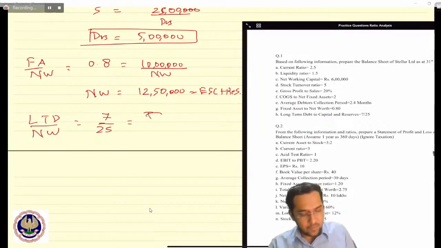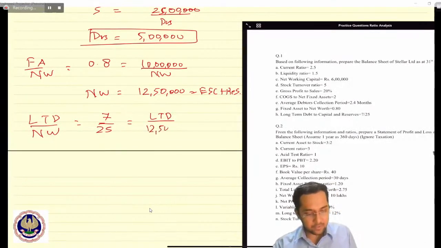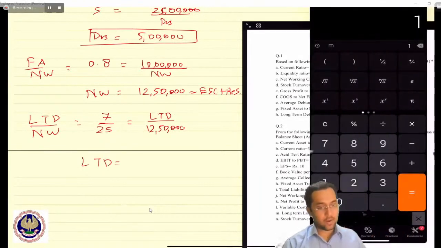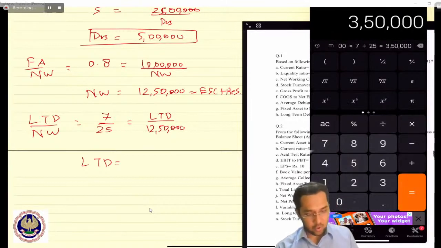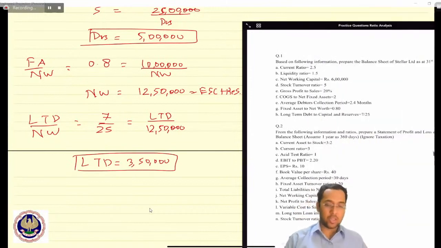So we don't have information on long-term debt, but net worth we have 12 lakh 50,000. Long-term debt will work out to be 12 lakh 50,000 multiplied by 7 divided by 25. Long-term debt works out to be 3 lakh 50,000. We have used all the ratios.